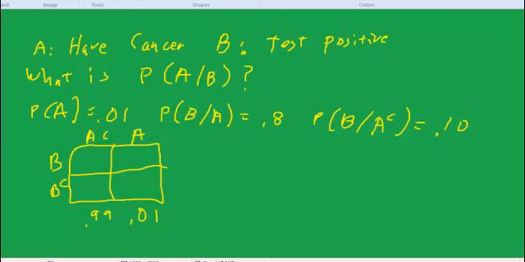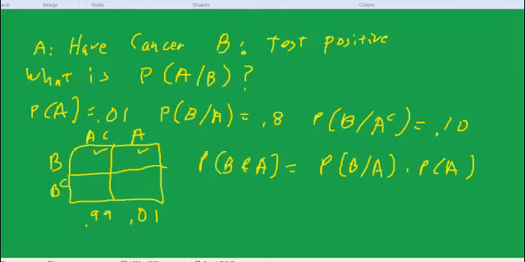We use the triangle involving B and A, and the triangle involving B and AC. The probability of B and A is equal to the probability of B given A times the probability of A, which is 0.8 times 0.01, which is 0.008.